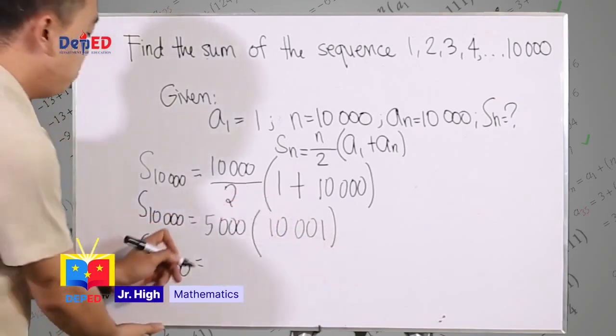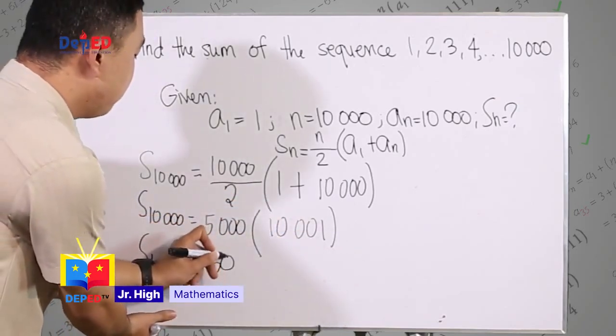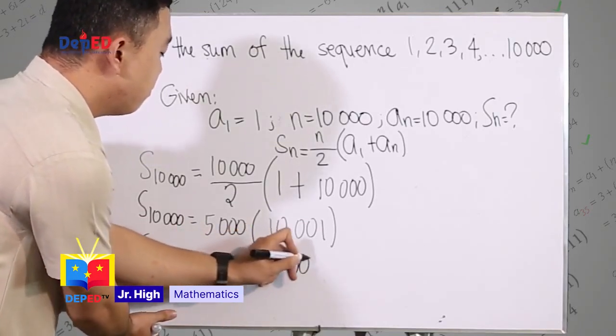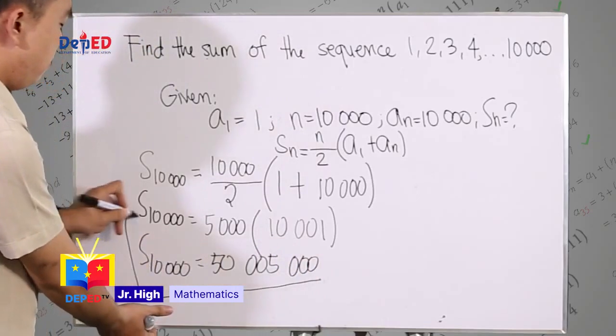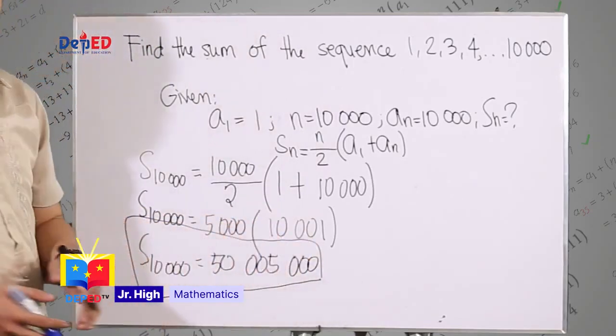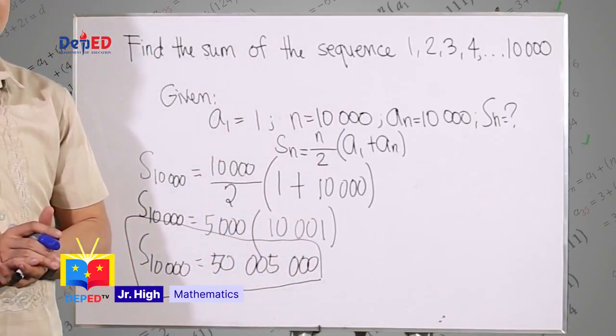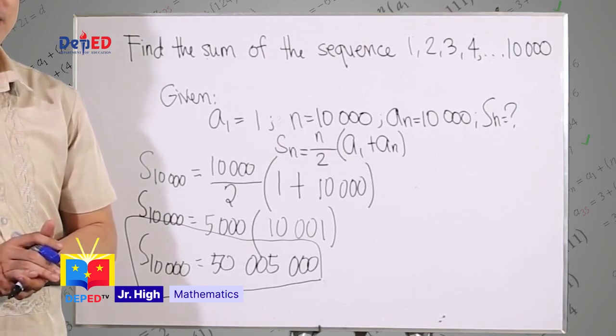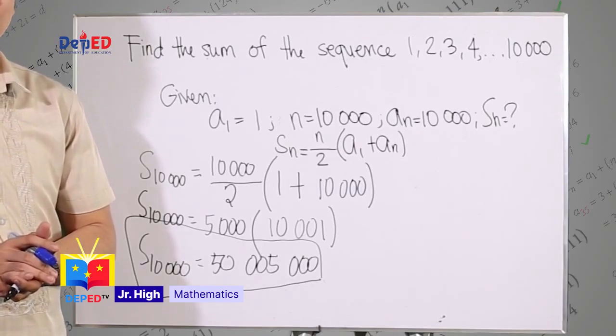It will give us this term. Therefore, the S sub 10,000 of the sequence is 50,005,000.